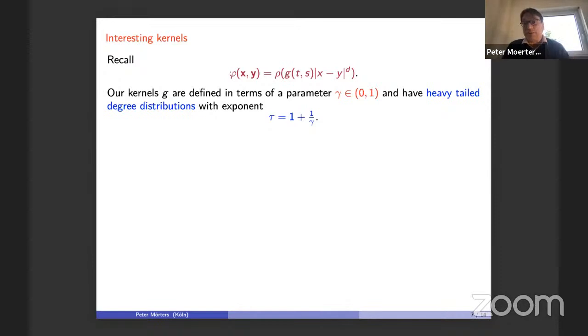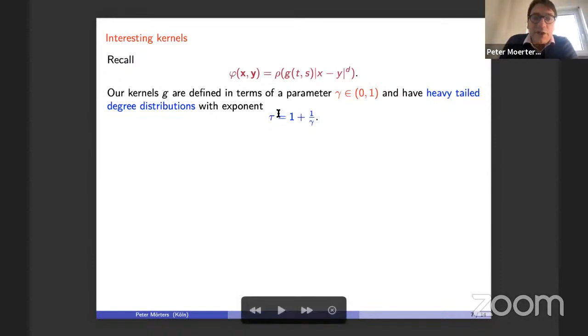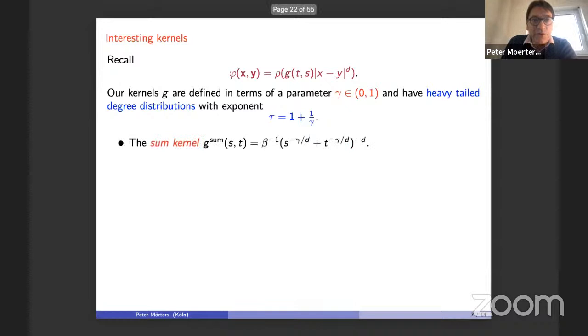We're only interested in heavy-tail degree distributions with a power law exponent tau, which is 1 plus 1 over gamma. So the parameter gamma in all our examples that now follow will play the same role, namely it will determine this power law exponent tau deterministically as 1 plus 1 over gamma.